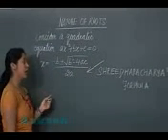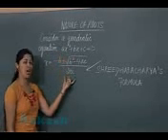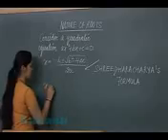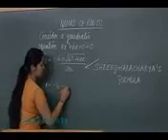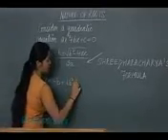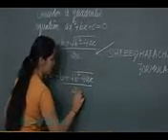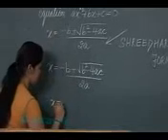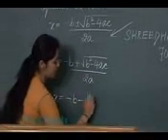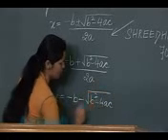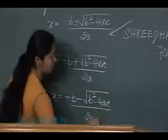Now we know that two roots of the quadratic equation are given by this formula, and the roots will be minus b plus root b square minus 4ac upon 2a and minus b minus root b square minus 4ac upon 2a.